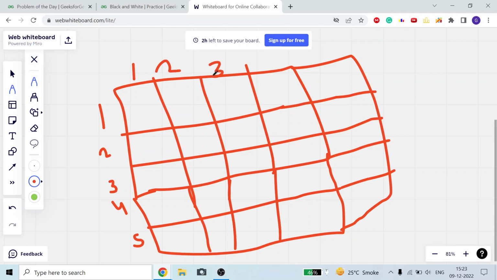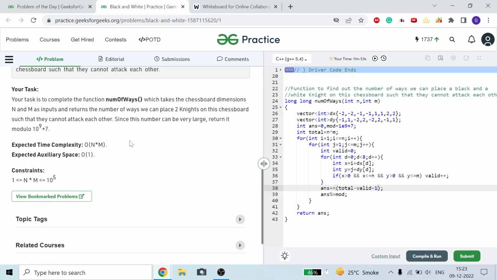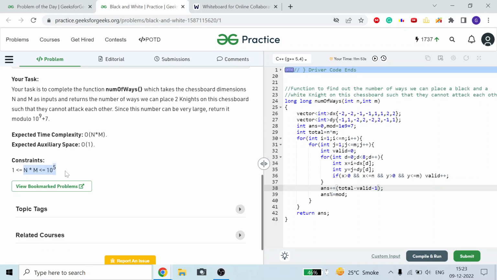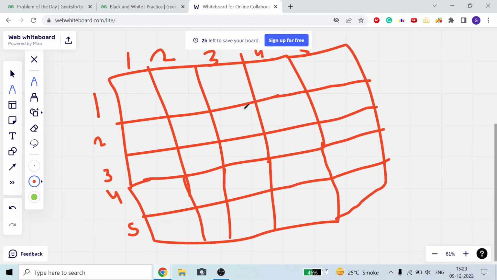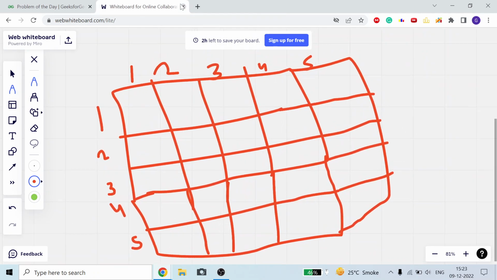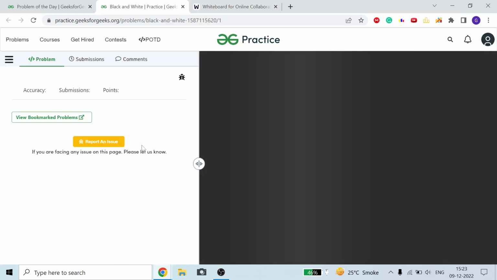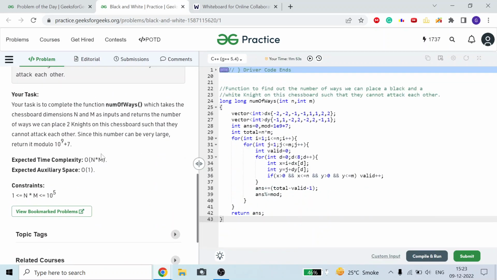It can be anything as long as n into m is less than 10 raised to the power 5. Here the time complexity expected is O(n into m).